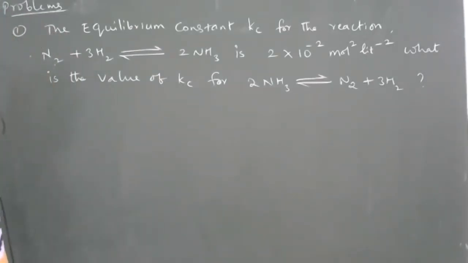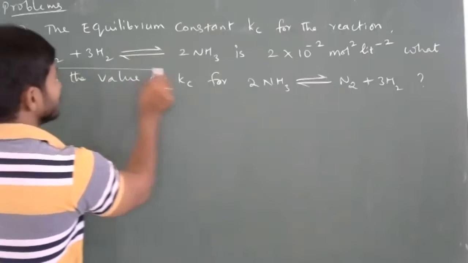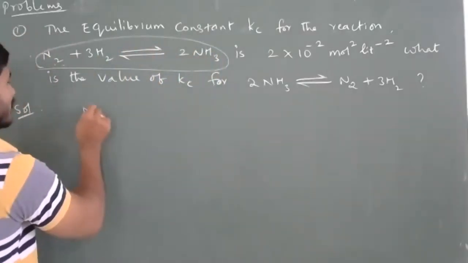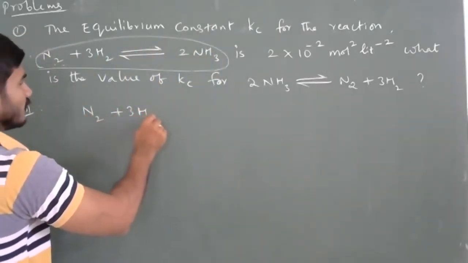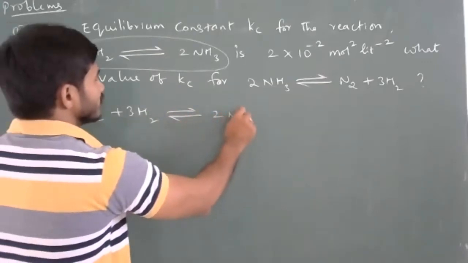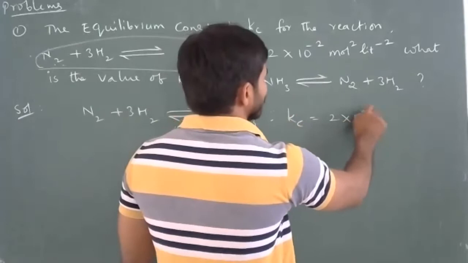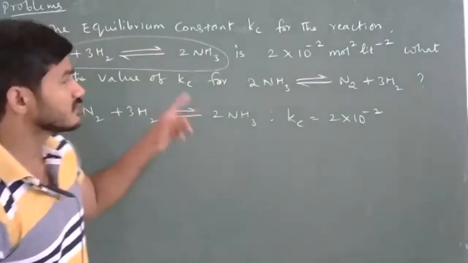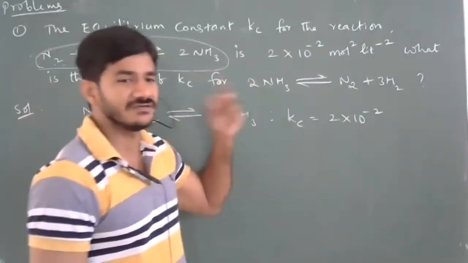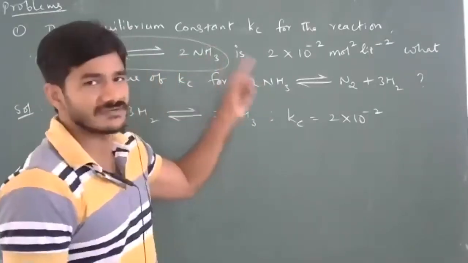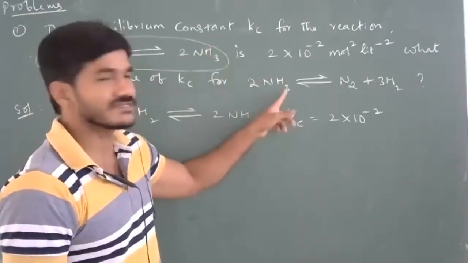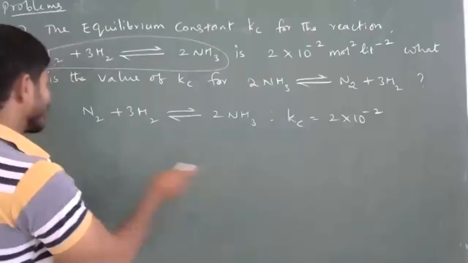Yes, correct, Prajwal. You see, so the equation is given: N2 plus 3H2 gives rise to 2NH3. For this, Kc is given as 2 into 10 power minus 2. So from this equation, how do we get this equation? Whenever you reverse this equation, you will get this equation. So I'll reverse this.